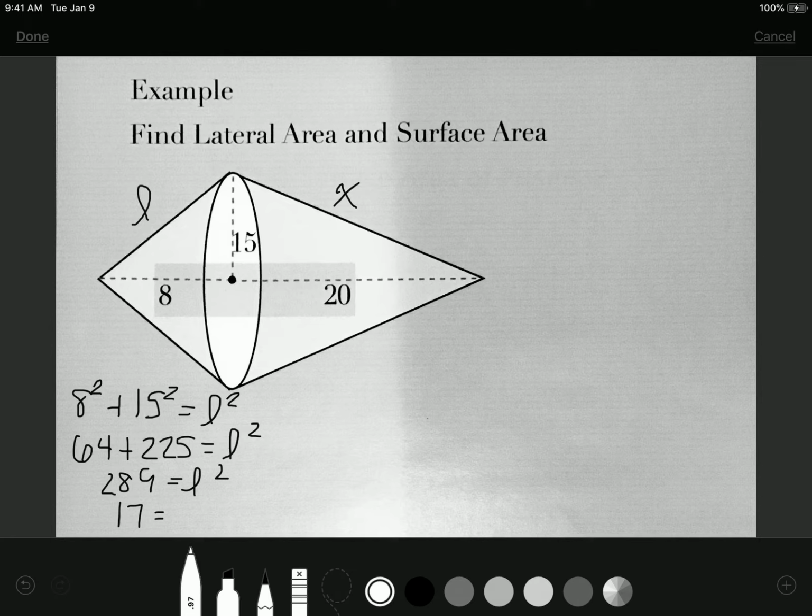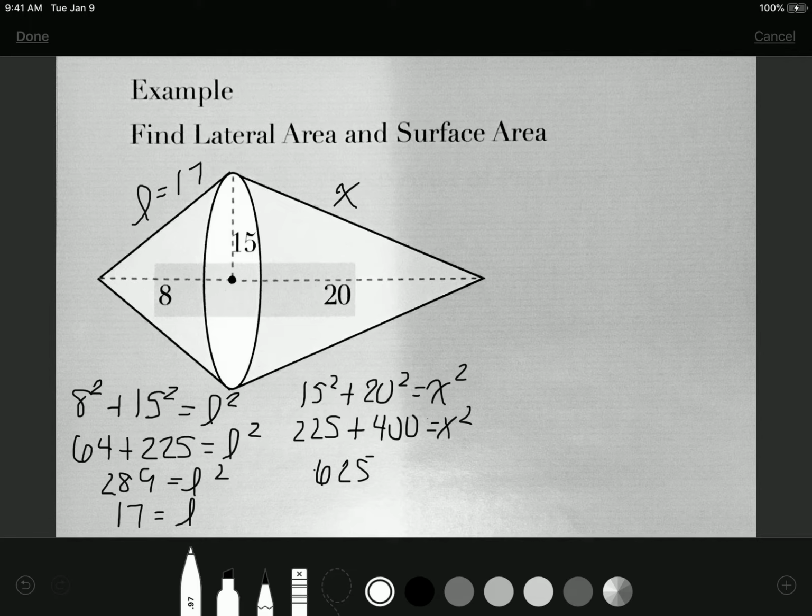So 17, once we take the square root, is L. And on the other side, we have 15 squared plus 20 squared equals X squared. So we have 225 plus 400 equals X squared, so 625 equals x squared. So when we take the square root, we get 25 for x.